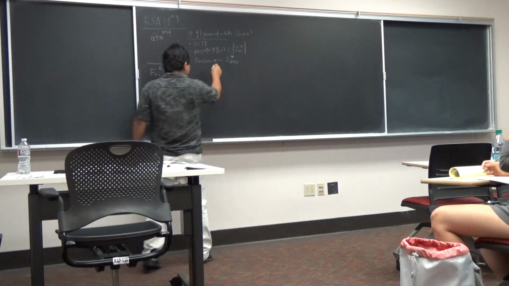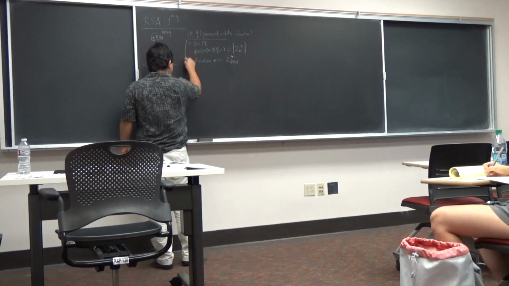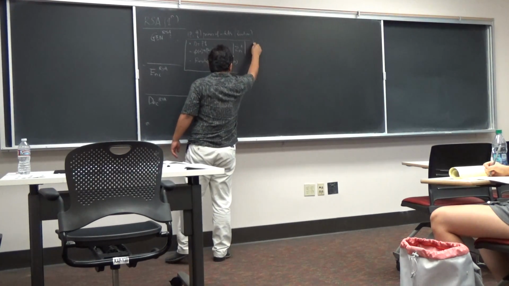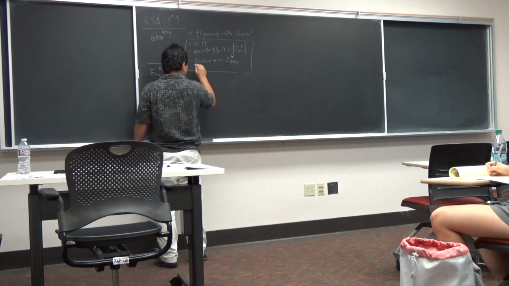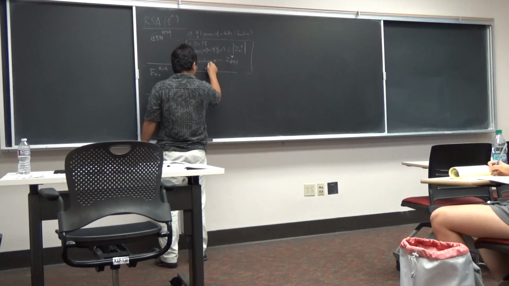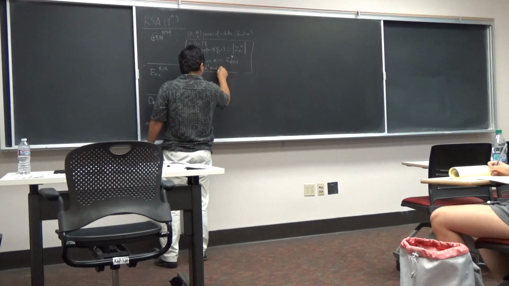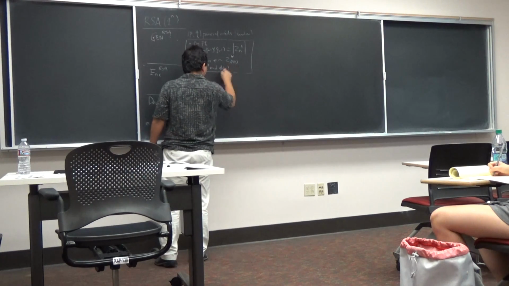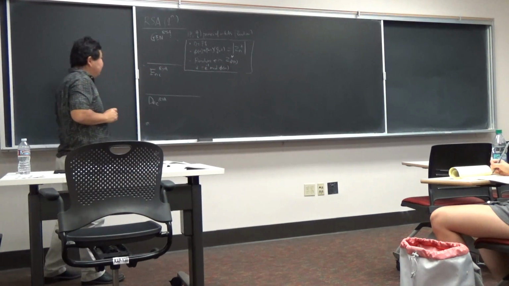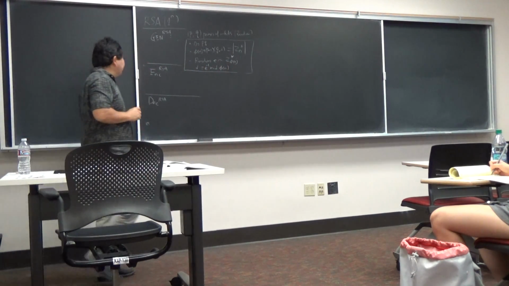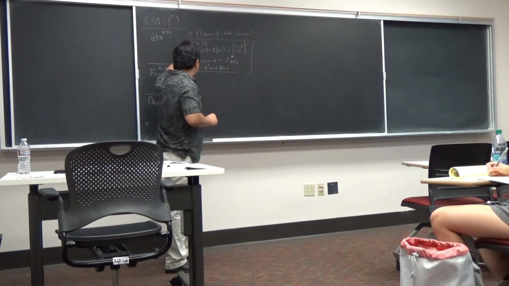And so those are all internal computations. And then it also computes the D equal to E inverse mod phi n.